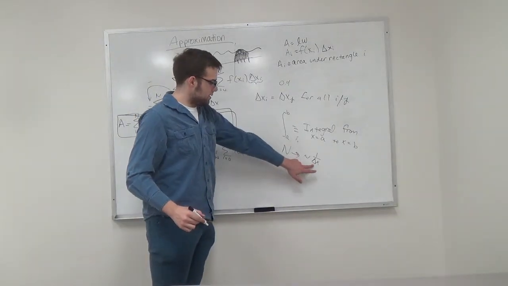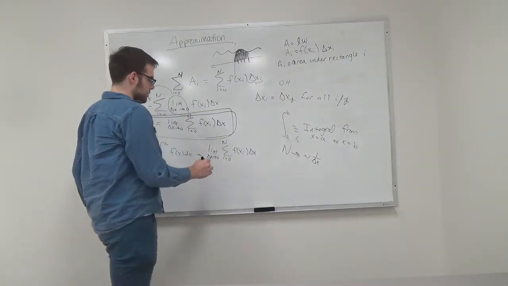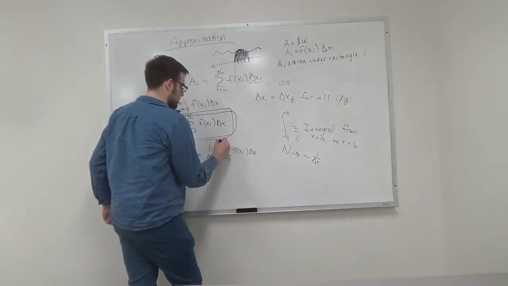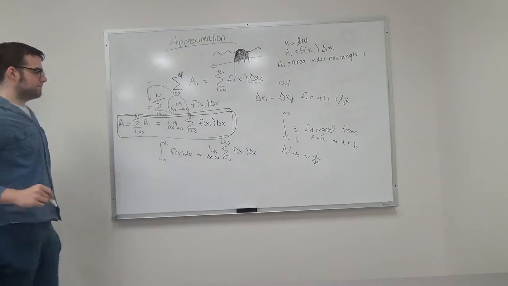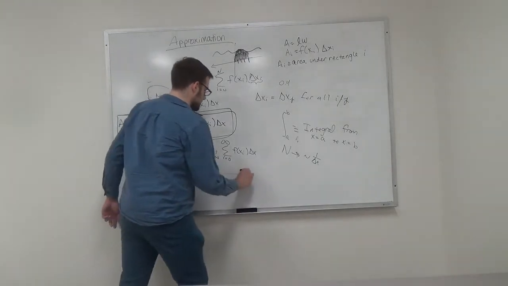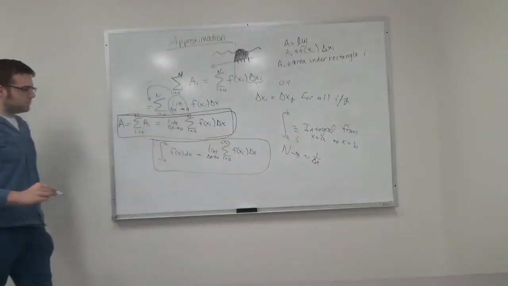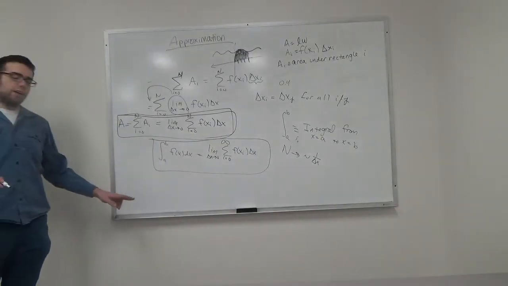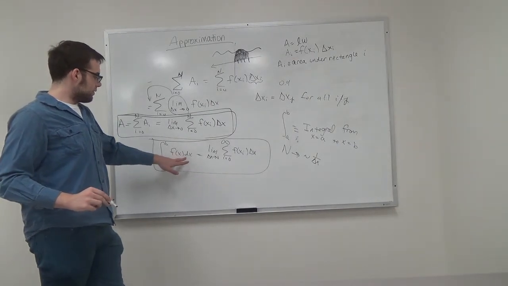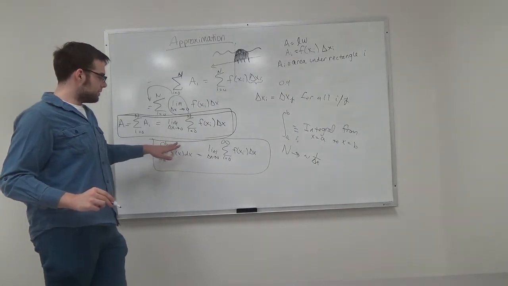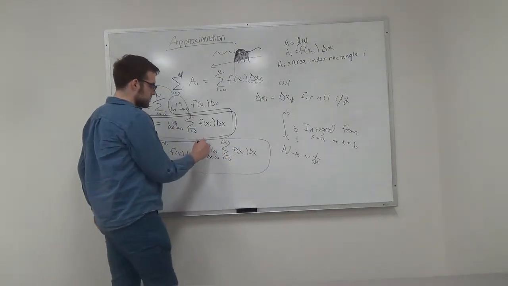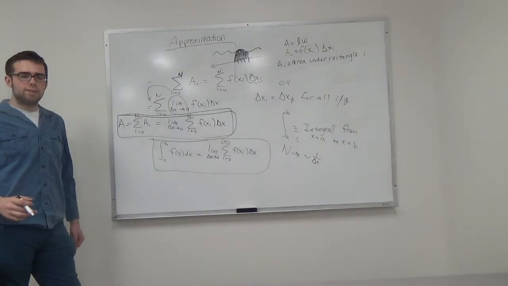So as delta x approaches 0, we can turn this to infinity. So we're defining the integral of f of x from a to b as equal to the sum of the areas of the rectangles.